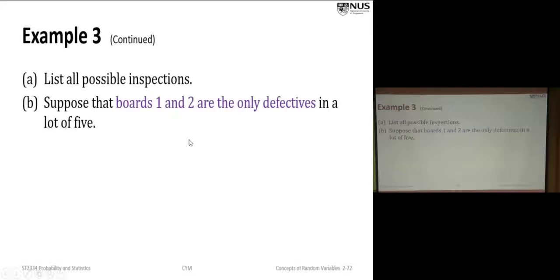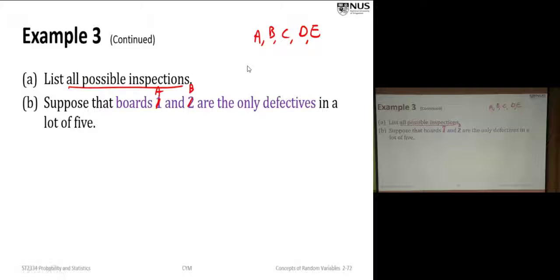And then also suppose the items 1 and 2 are the only defectives in a lot of 5. I'm sorry, it's a little bit confusing. I should replace them by A and B, maybe better. So the 5 items are represented by A, B, C, D, E. First of all, we are asked to select 2 out of these 5, and list all possible ways of inspection.